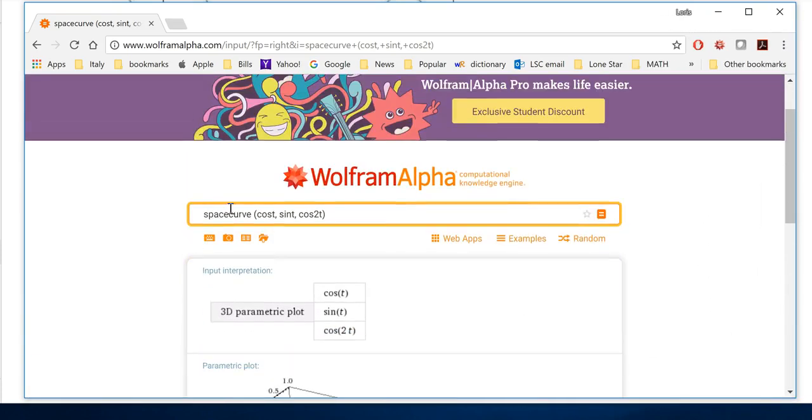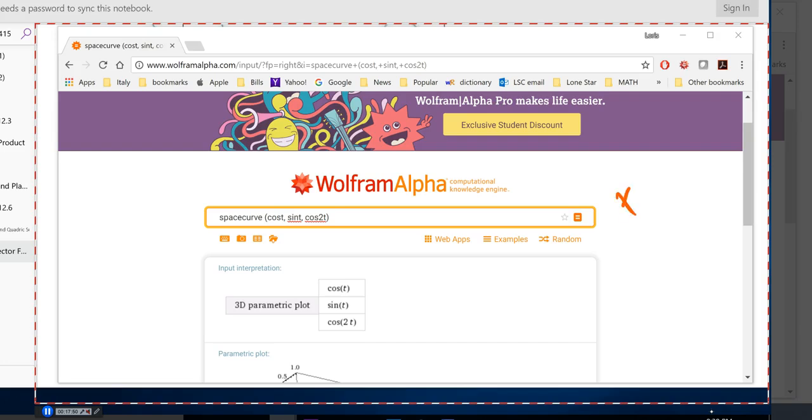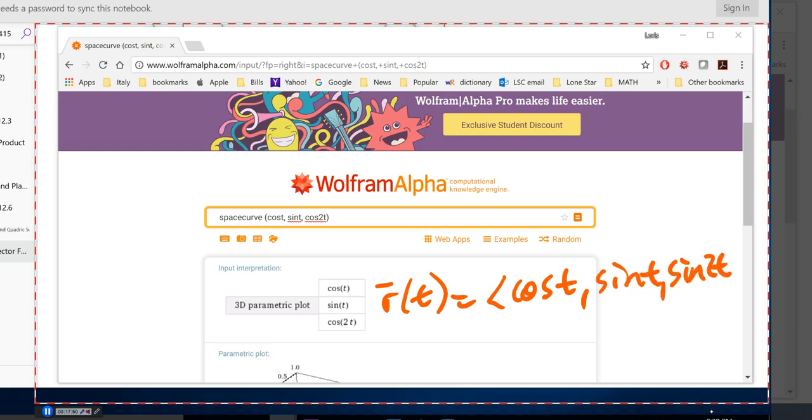So Wolfram Alpha uses the term space curve to graph. And so all you'd have to do is, for example, your function would be r of t equals cos t, sine t, and then sine of 2t.